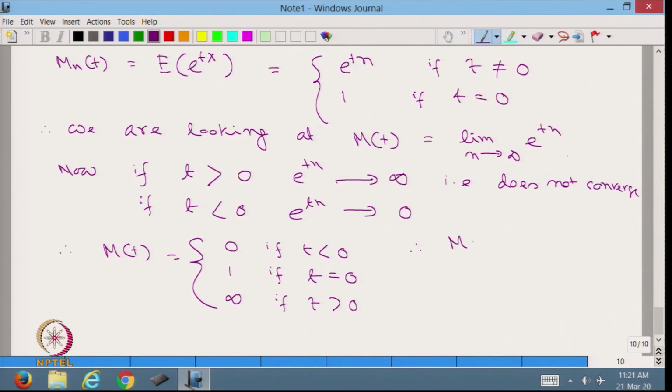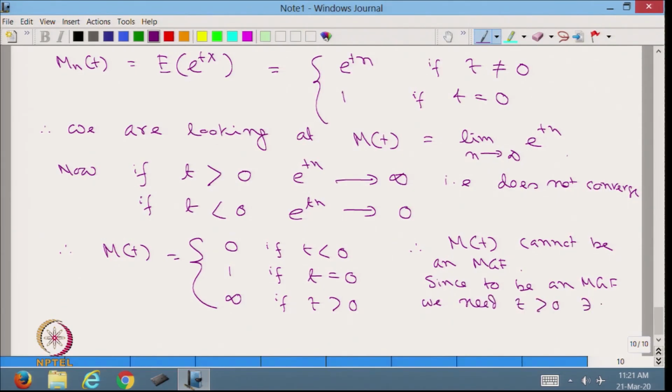Therefore, M(t) cannot be an MGF, since to be an MGF we need some t greater than 0 such that it converges for minus t to plus t.